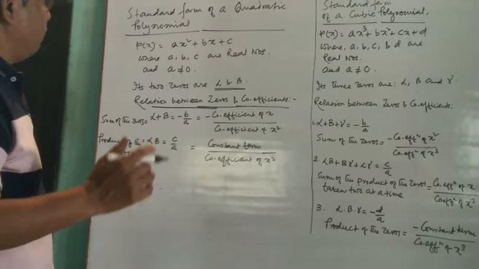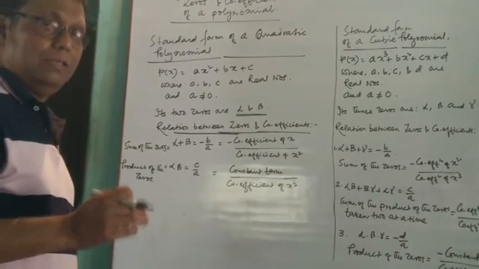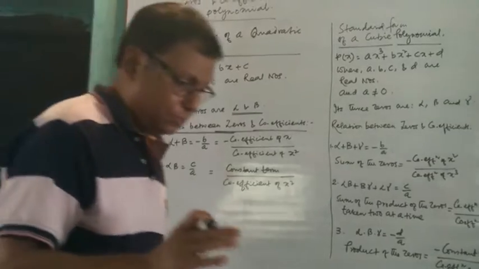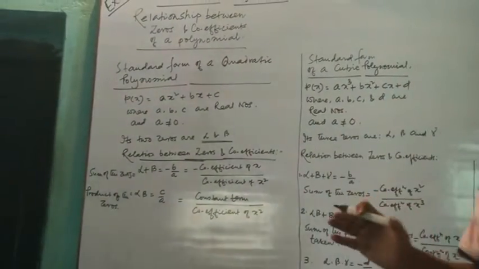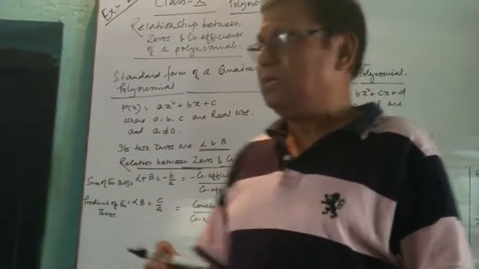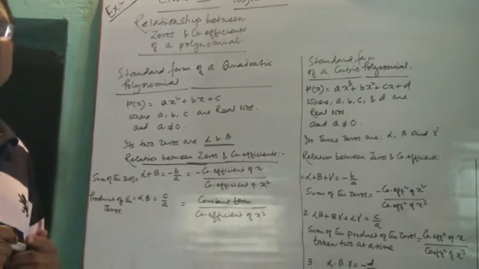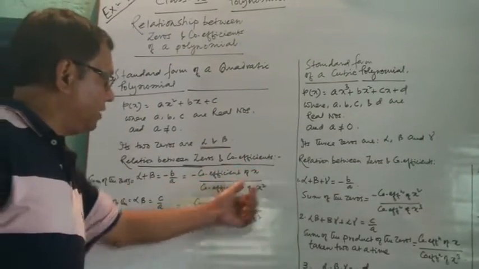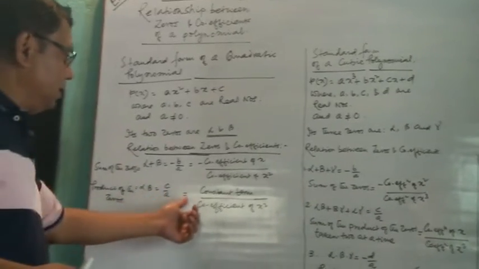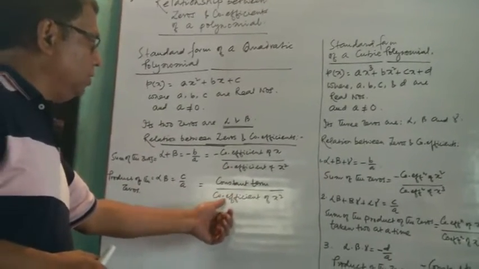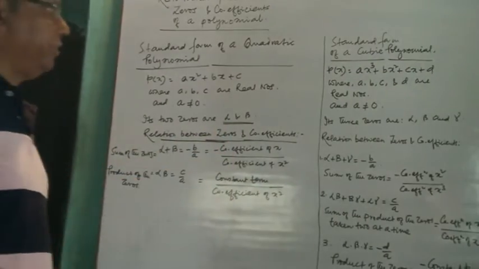So students, in the case of a quadratic polynomial, the standard form is ax² + bx + c, a, b, c real numbers, a not equal to 0, and there are two relations between the zeros and coefficients. The first is that the sum of the zeros is equal to minus the coefficient of x divided by the coefficient of x², and the product of the zeros is equal to the constant term upon the coefficient of x². We will see how this relation is derived.